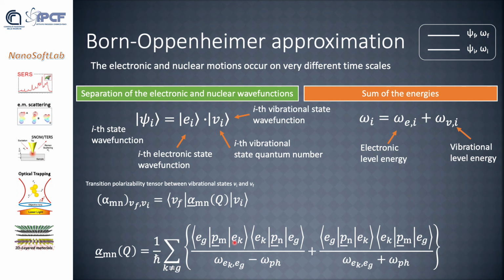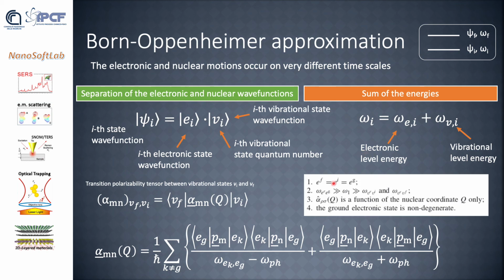And of course, since the electronic wave functions will depend on the position of the normal coordinate q, alpha will depend on q.